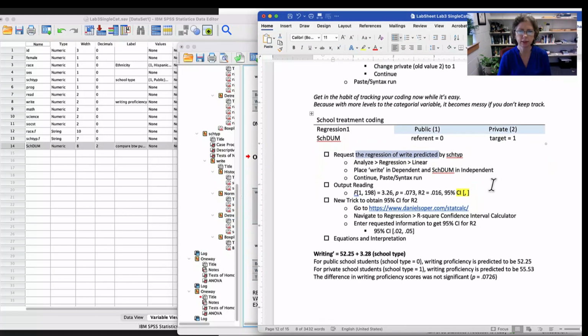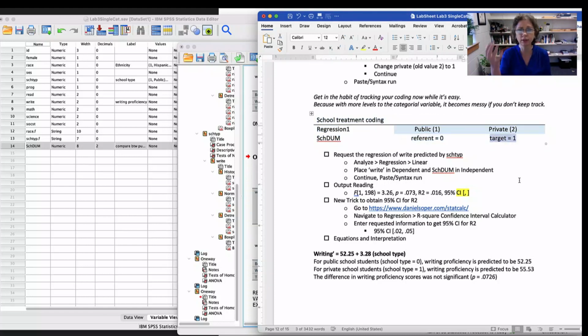But this is a good time to start tracking what you're coding. I don't really need it as much for a variable that's only got 2 levels, but it's good to get in the habit of knowing for which dummy variable, which group is called referent and which group is your target.